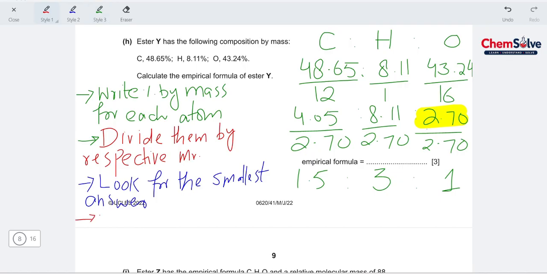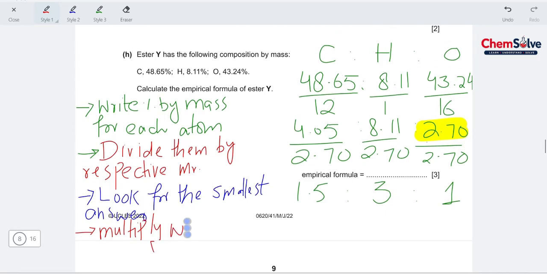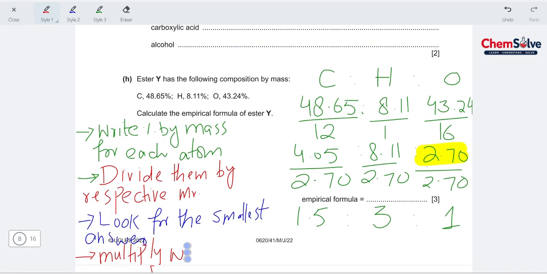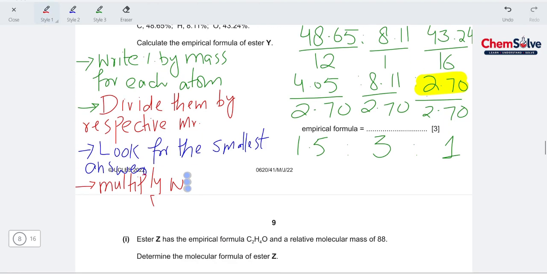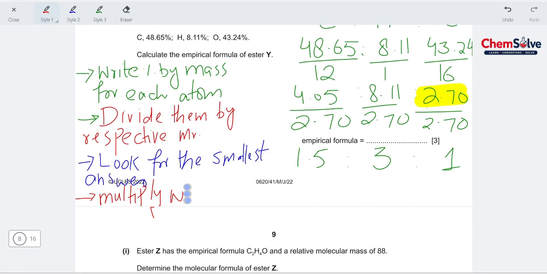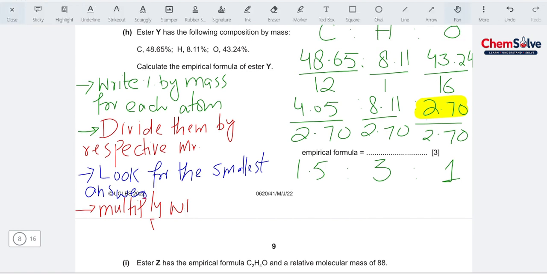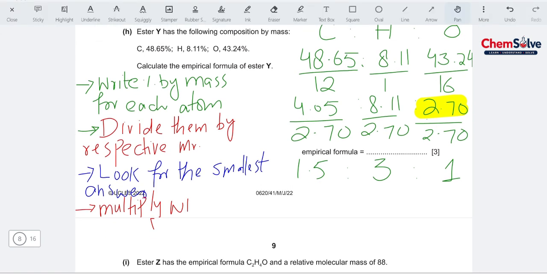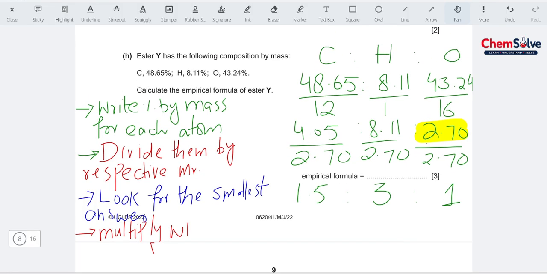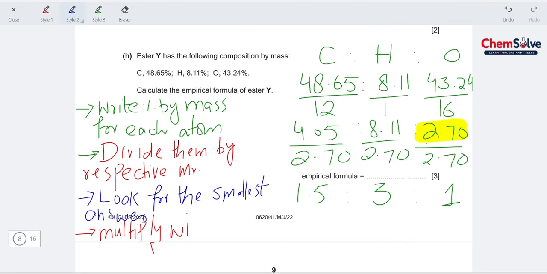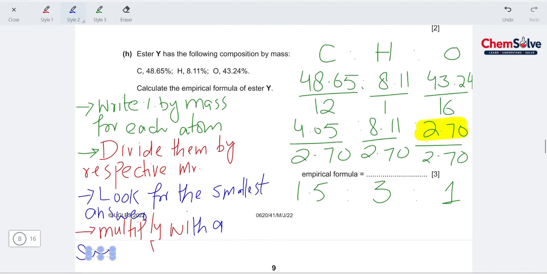with a suitable digit so that I can get the whole number ratio. So the next step would be to multiply with a suitable number to get the whole number ratio.